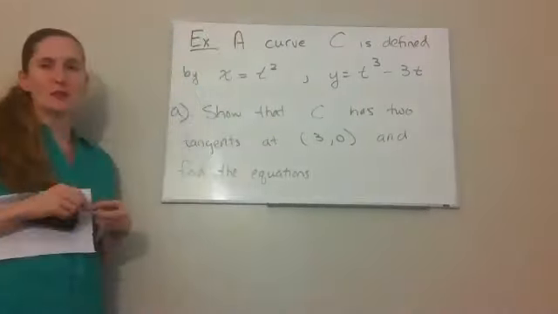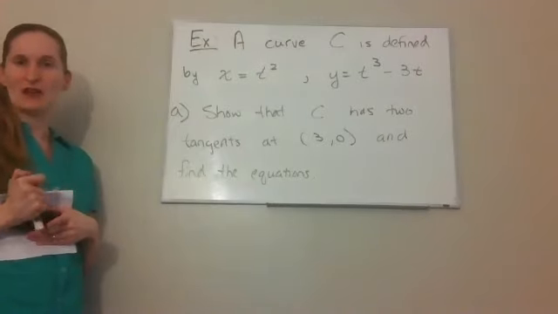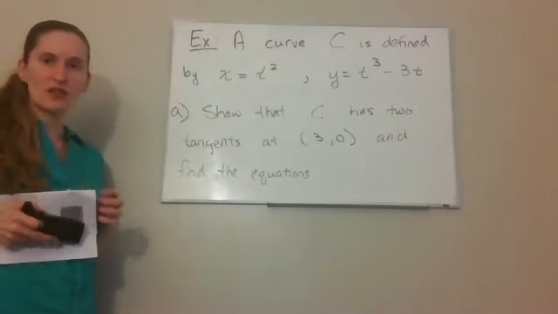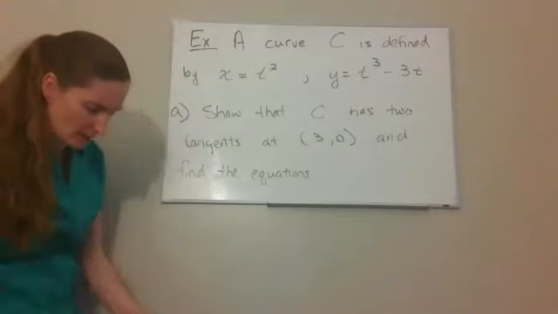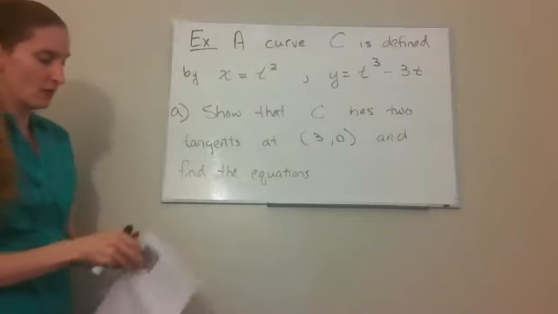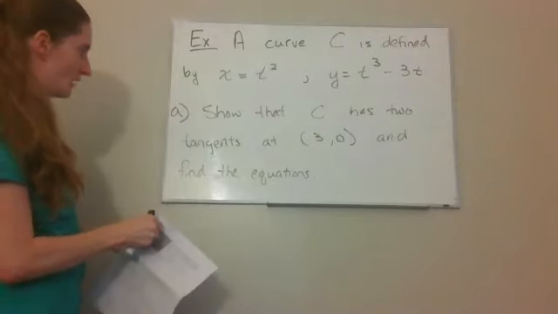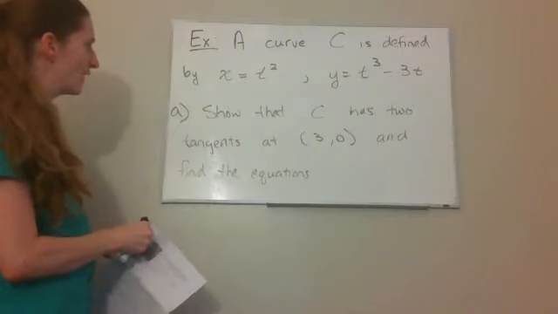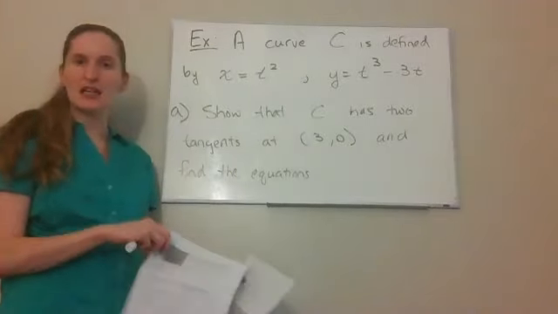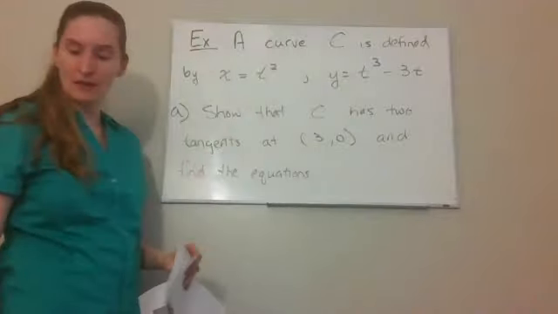All right, so first we have to figure out why this curve would have two tangent lines at the same exact point. Well, to figure that out, first thing we should do is figure out what value of our parameter t gives us this point (3, 0).